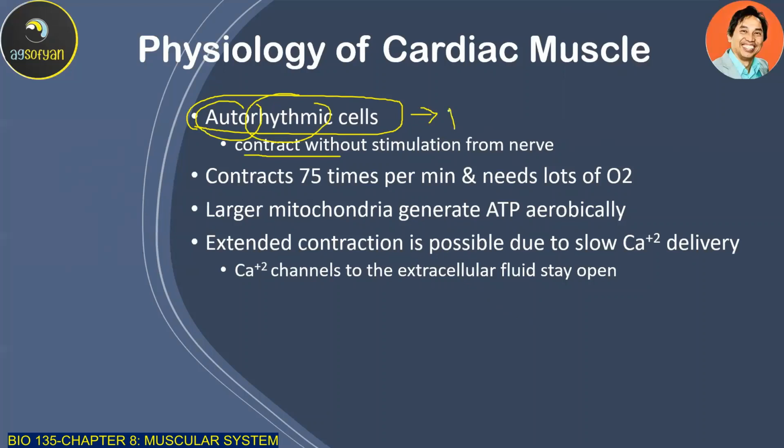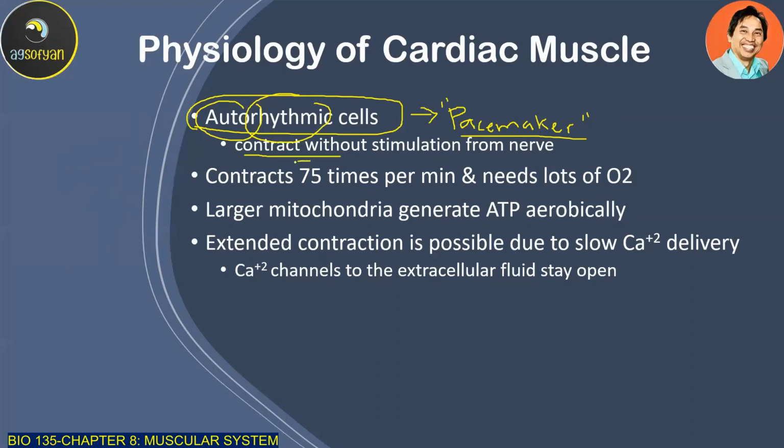The area is called the pacemaker. Okay, so there is a group of cells on the right atrium that will start this contraction, and that group of cells is called the pacemaker.